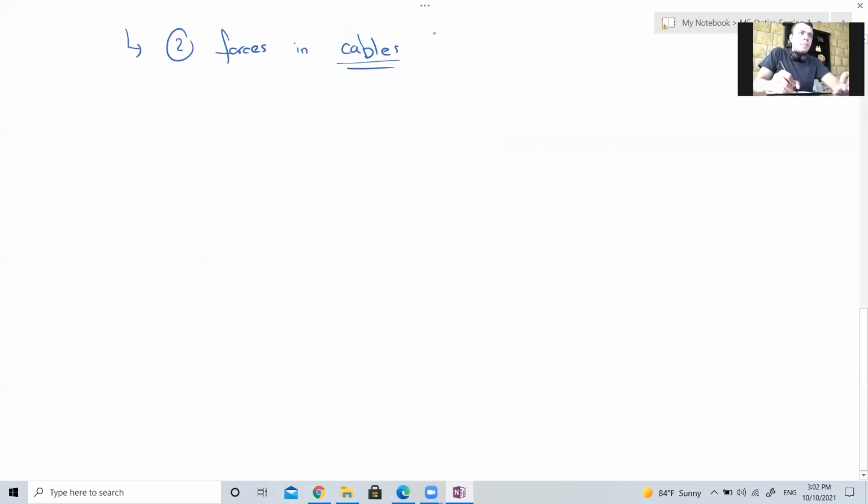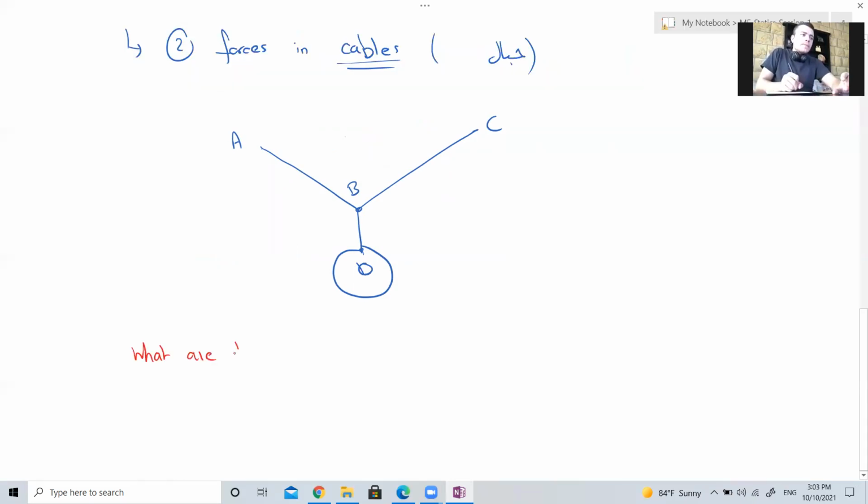A cable is a rope. If you have this system like this, this is A, B, C and this is D. What are the forces acting on point B?